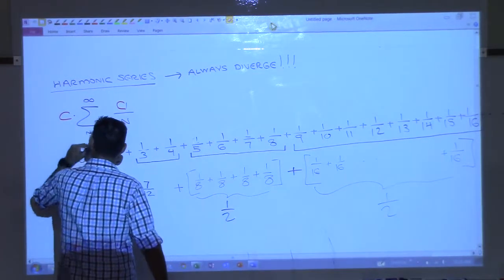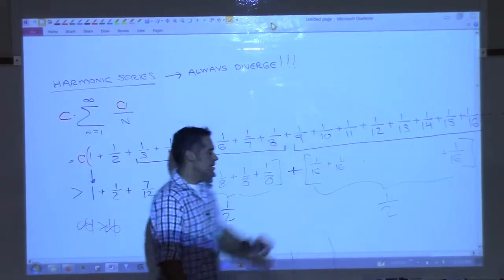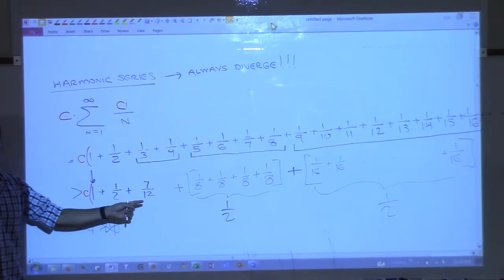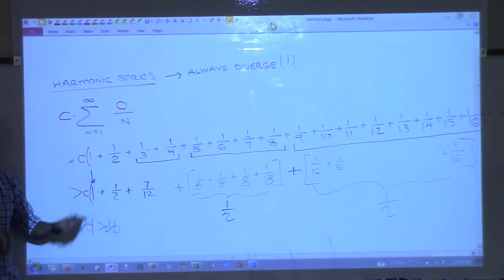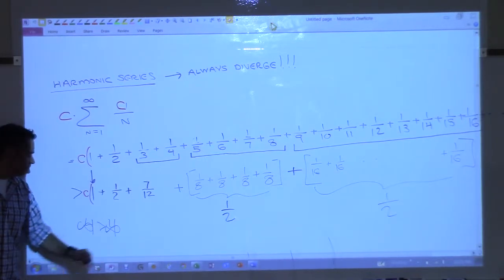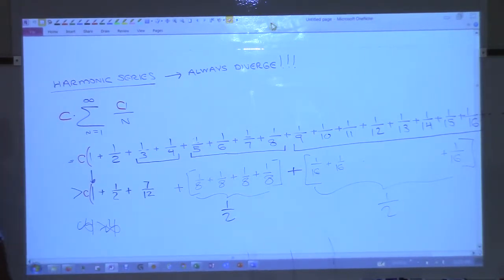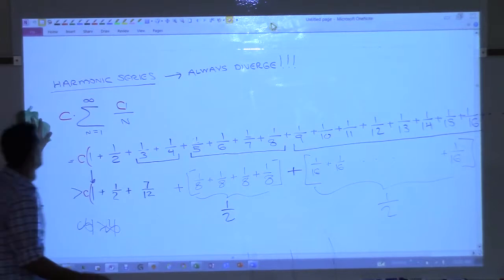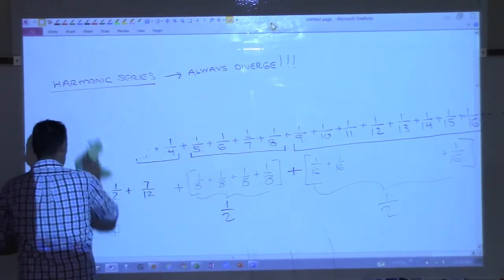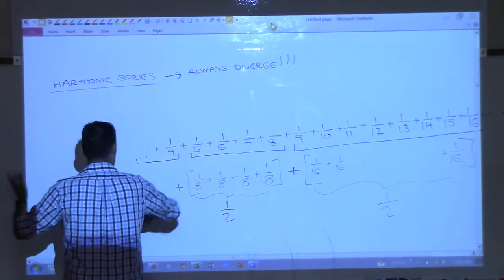So this is C times all of that, and then I could just put a C out in front of that. And so this is C times infinity. Still maintains the inequality, so I think that suffices. Okay? All harmonic series diverge. So that ends what's going to be on the test.